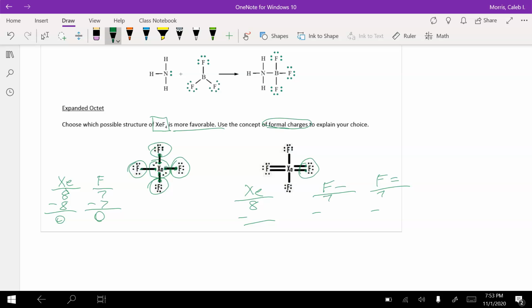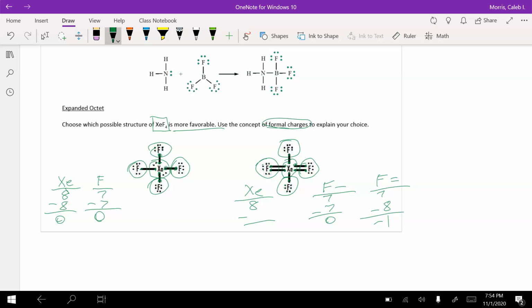So for fluorine with a double bond, it's going to be 1, 2, 3, 4, 5, 6, 7, 8. 7 minus 8 is -1. For fluorine with a single bond, it's 1, 2, 3, 4, 5, 6, 7. 7 minus 7 is 0. And then for Xe, we have 1, 2, 3, 4, 5, 6.